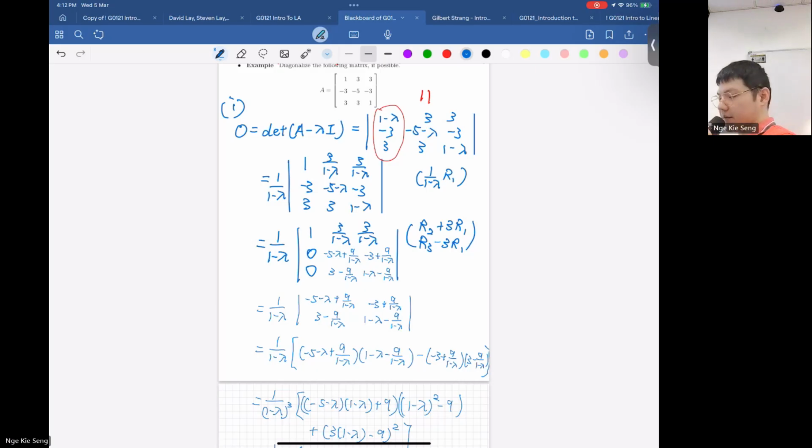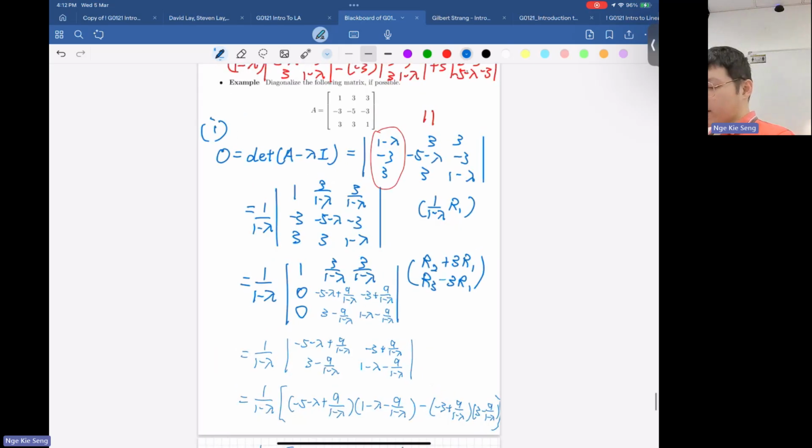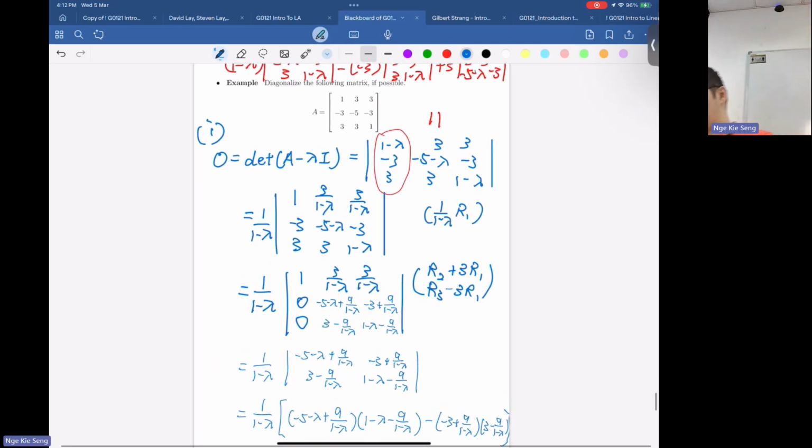Okay, before we continue with the next part, here, should it be 1 over 1 minus lambda or 1 minus lambda? We need to think about it from the theorem again. The theorem is: determinant E times determinant A equals the determinant of EA.